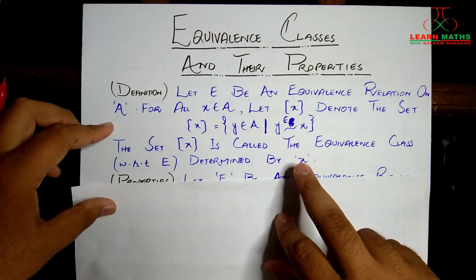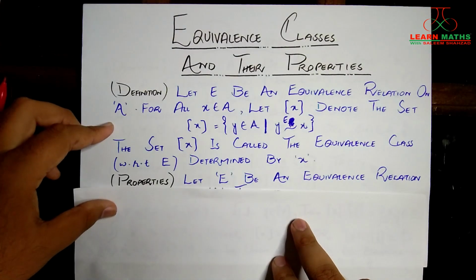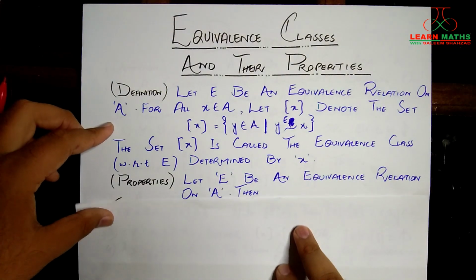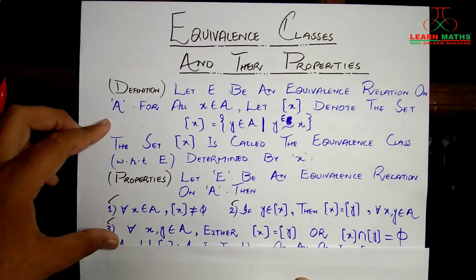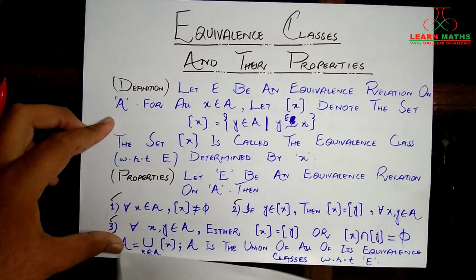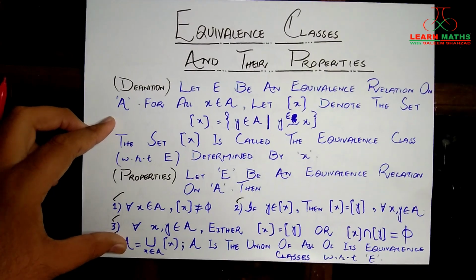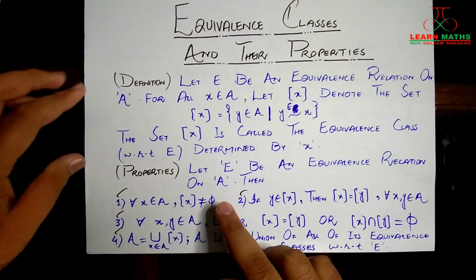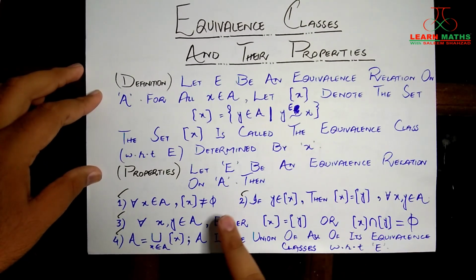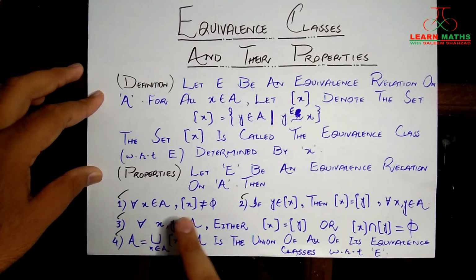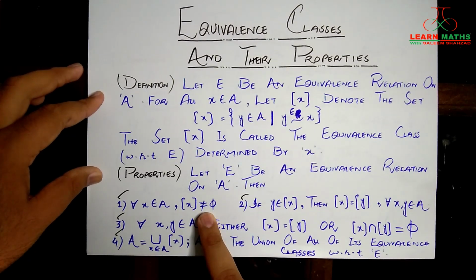Okay, and here are some properties for the equivalence classes, and these properties are very important, very simple, and very interesting, I should say. The first one is that let E be an equivalence relation on A, then for all x belonging to A, this set will never be the empty set. How?